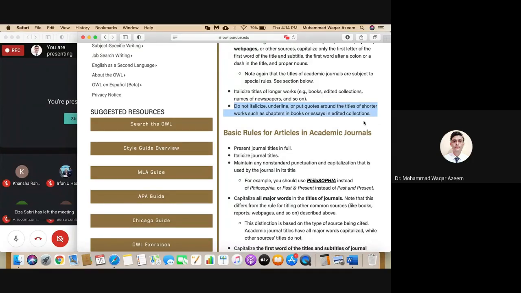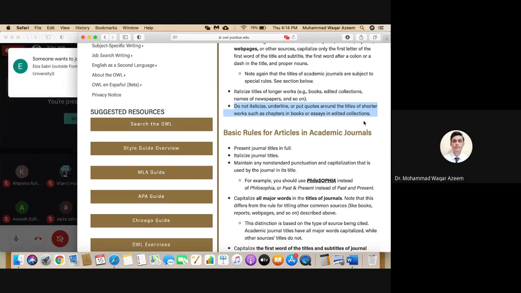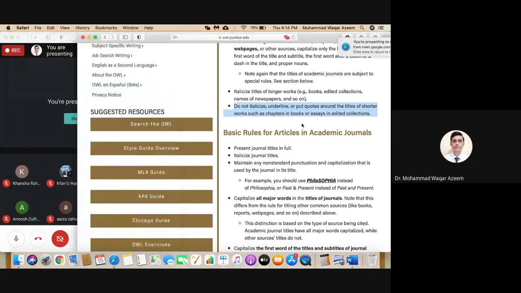Okay, so the rule for them is that we do not italicize the titles of the shorter works. When you do not italicize the titles of the shorter works, the reader will be able to identify from that that a resource which has not been italicized is a shorter work.